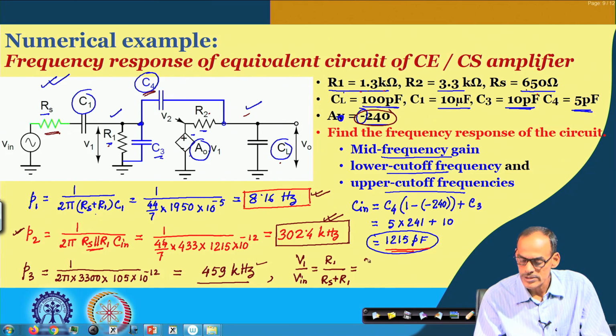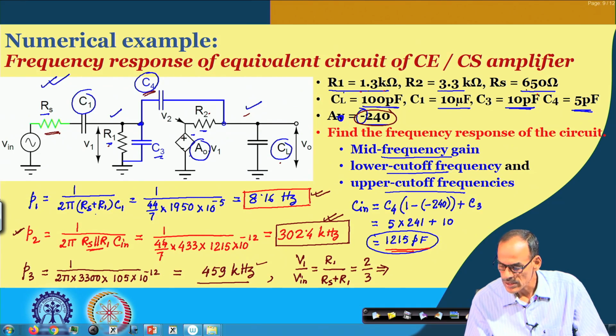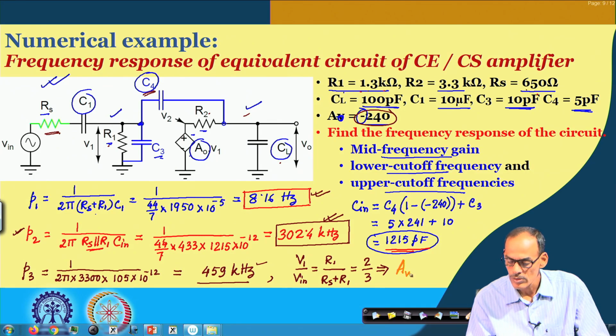So, that is equal to 2 by 3, and that gives us the overall gain. Let me use a different color. So, overall gain A V overall.